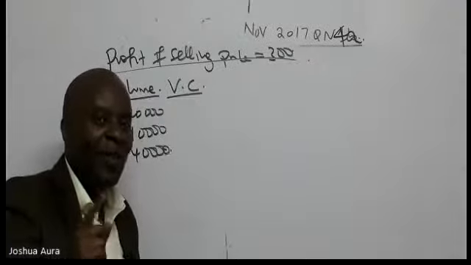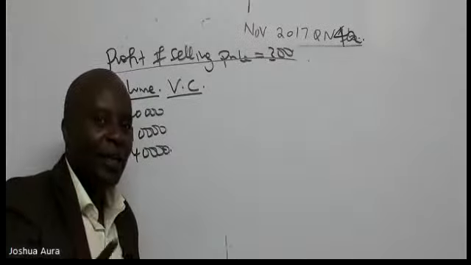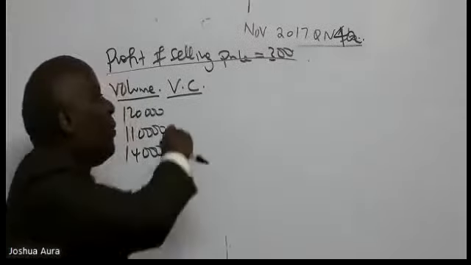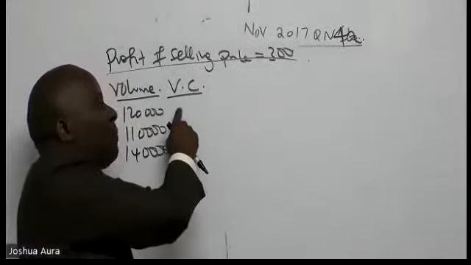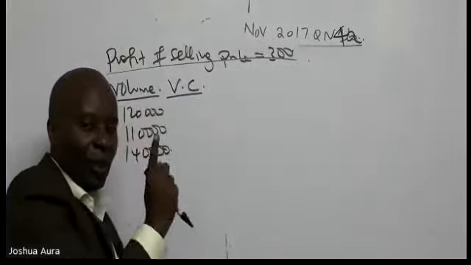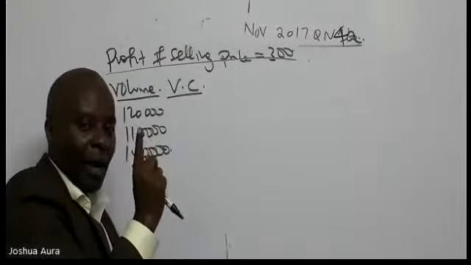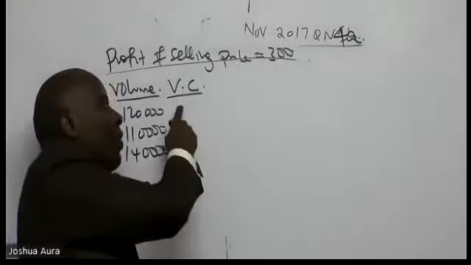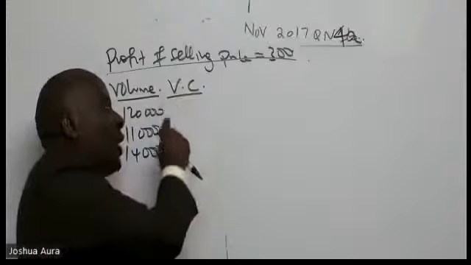So I would want to see whether I've got a bright student here who will be able to interpret and give me the variable cost for this one here. So remember, there are 2 possibilities. The variable cost could either be 120 or 110. So which one should I use here? Should I use 120 here or 110?